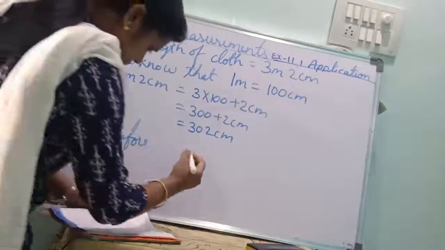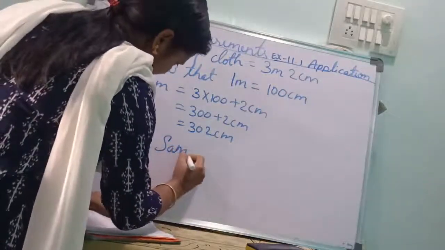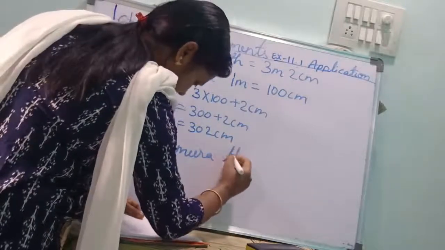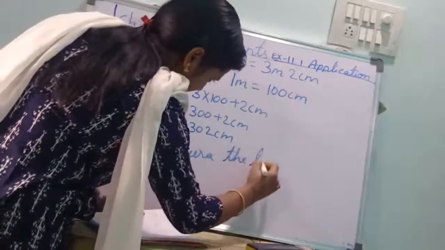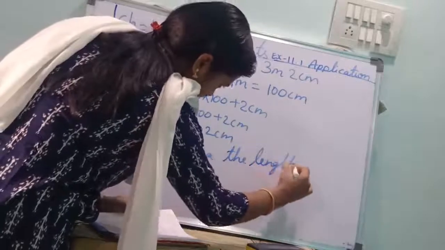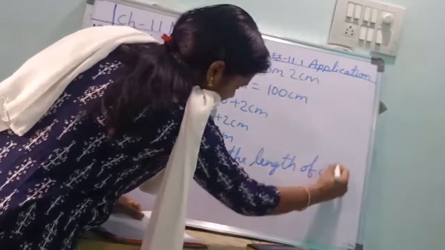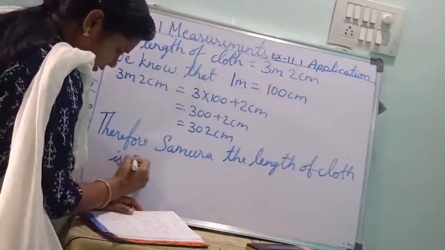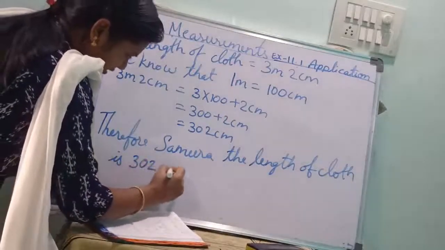Therefore, the length of Samira's cloth is 302 centimeters.